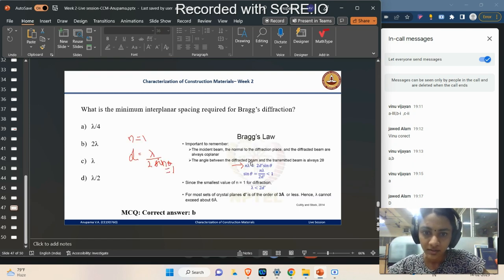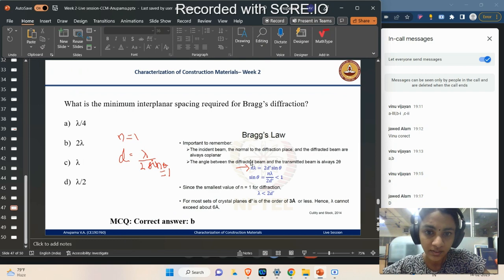So here we all know Bragg's law, that is n lambda is equal to 2d sine theta, and from this, for the first order, n equal to 1, it is lambda equal to 2d sine theta. So d will be lambda by 2 sine theta, right?